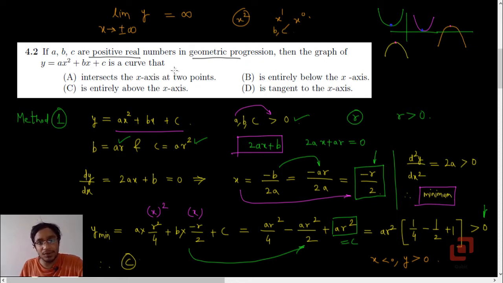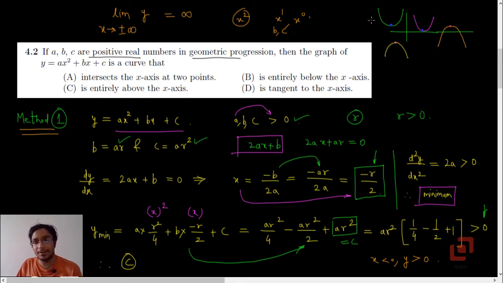If everything is positive, then x squared will dominate the other two, and therefore the limit at both positive and negative infinity of y is going to be infinity. So which one of these four situations best describes the parabola?